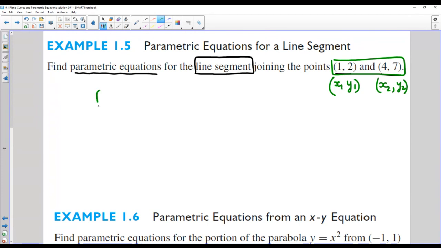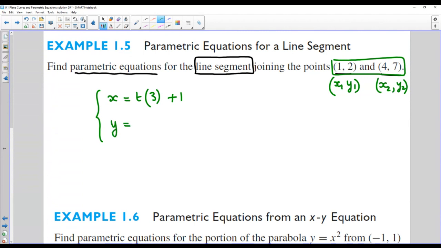So the parametric equations will be x equal t multiplied by, what do you think? x2 minus x1. What is x2 minus x1 in this example? Yeah, it's 3, and then plus x1, which is 1, like this.